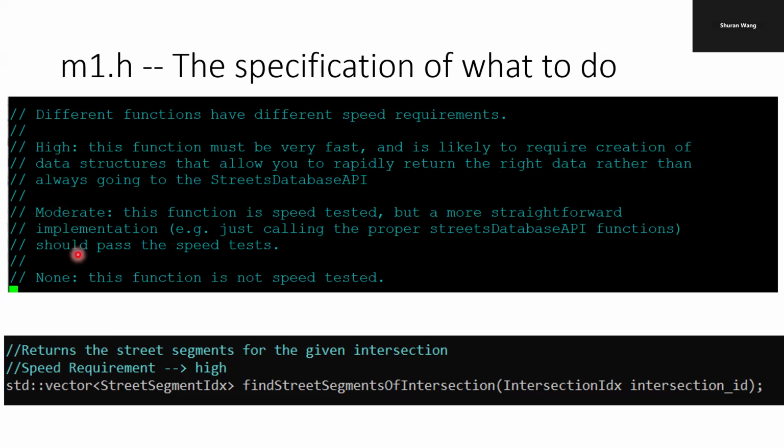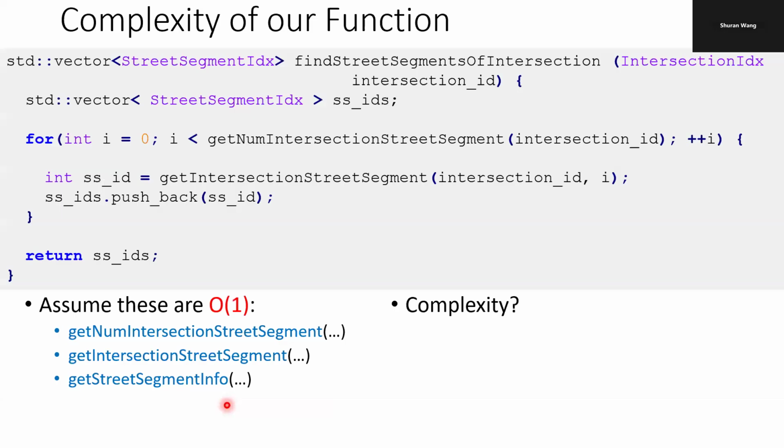Moderate, this function is speed tested, but you can do it in a more straightforward way, like calling the proper streets database API functions or a more brute force way. Now this function is not speed tested. For the function that we are looking at, it has a high speed requirement, so we will need to do something for that. Probably some pre-processing.